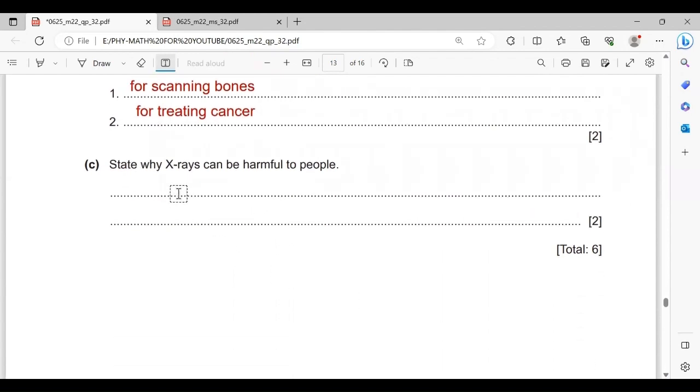State why X-rays can be harmful to people.